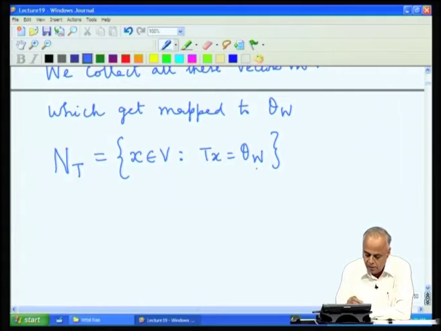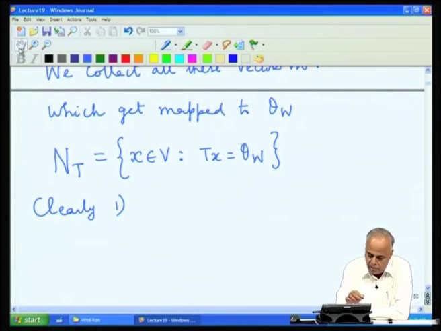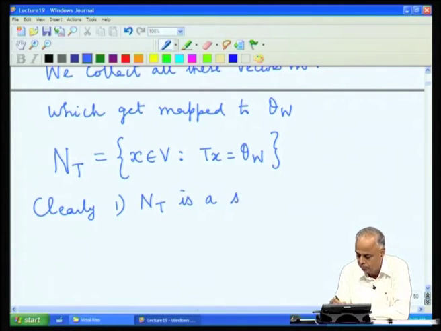Now, clearly the first thing we observe is that N(T) is a collection of vectors from V having a certain specific property. Therefore, a priori they are all vectors in V. Therefore, N(T) is a subset of V.